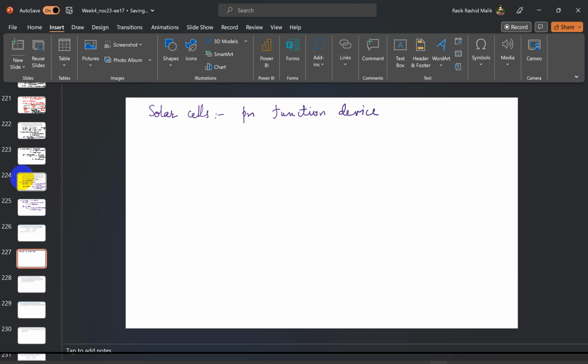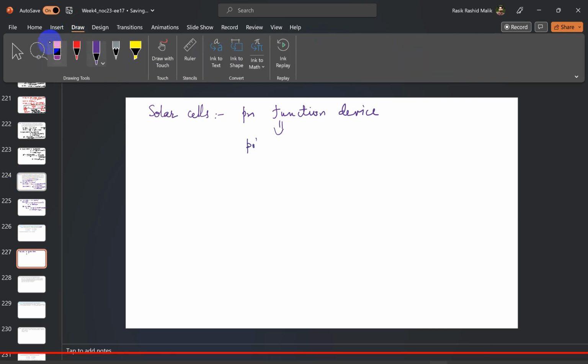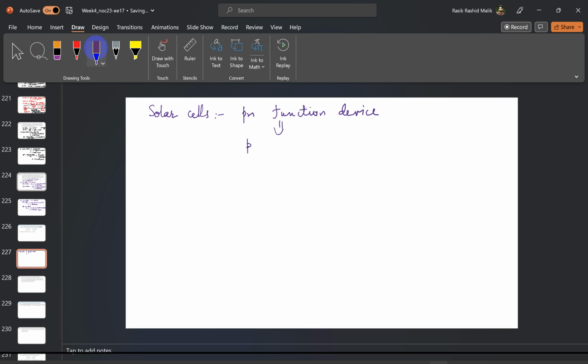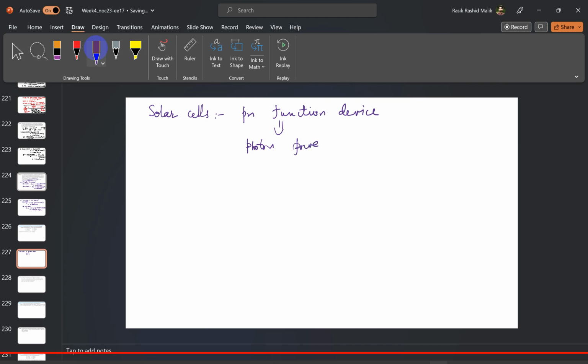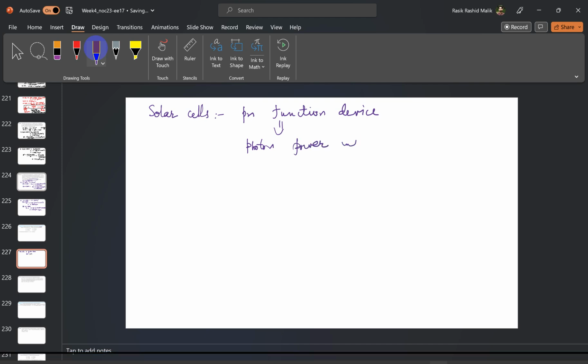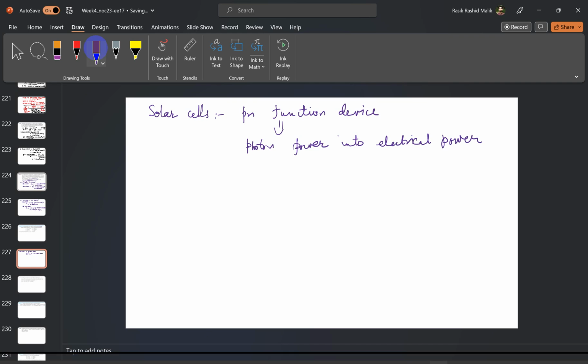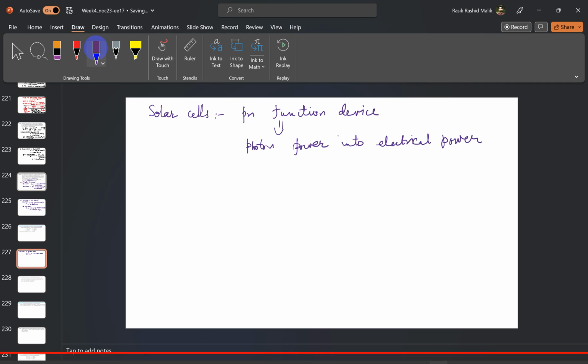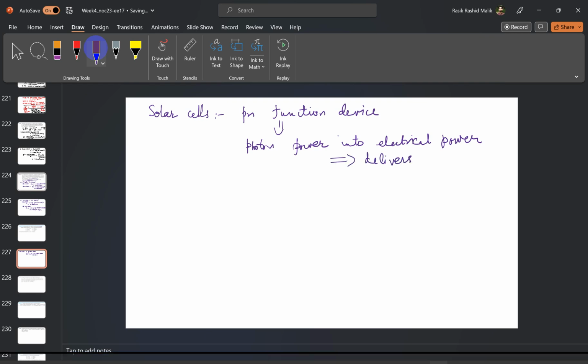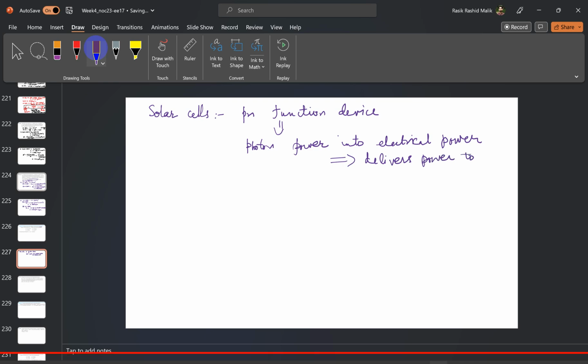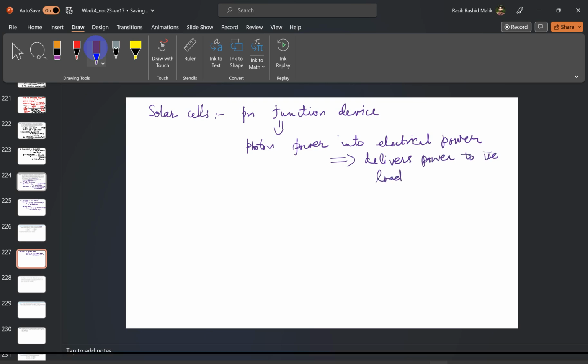What happens is it converts photon power into electrical power, and this way it delivers power to the load. This is the simple principle.